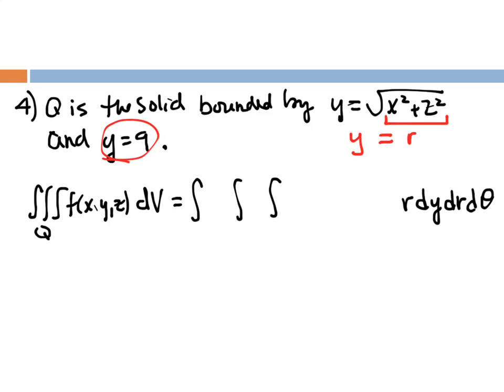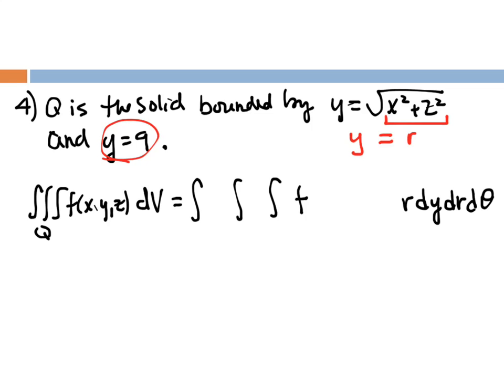So whatever the rectangular coordinate is that is not changing is going to be on the innermost integration, and then dr, d theta. So my function will be in terms of r, theta, and y in this case, not in that order necessarily.